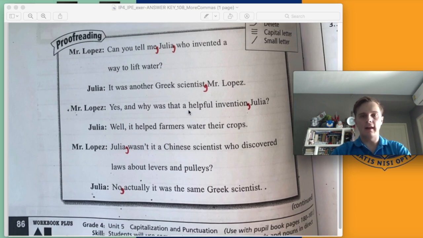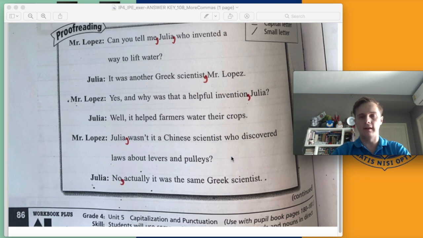Yes, and why was that a helpful invention, comma, Julia? Well, it helped farmers water their crops. Julia, comma, wasn't it a Chinese scientist who discovered laws about levers and pulleys? And then, no, comma, actually it was the same Greek scientist. So we've got 1, 2, 3, 4, 5, 6 commas.